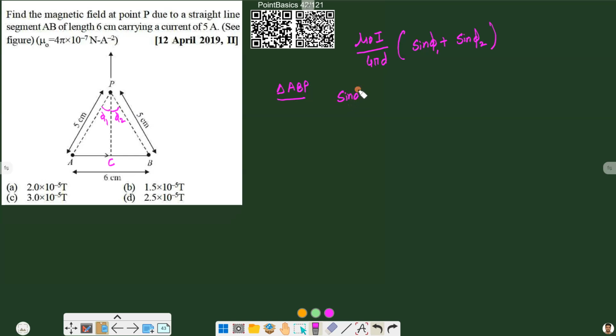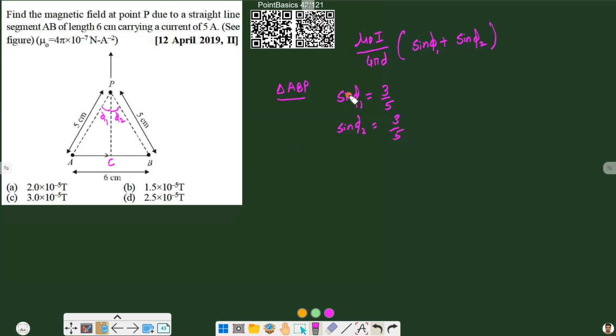Sine phi will be perpendicular by hypotenuse. Perpendicular AC is 3 centimeter because total AB is 6. So sine phi 1 will be 3 by 5. Similarly, in the second triangle BCP, sine phi 2 will again be 3 by 5.